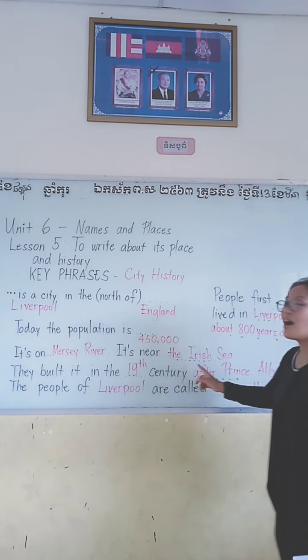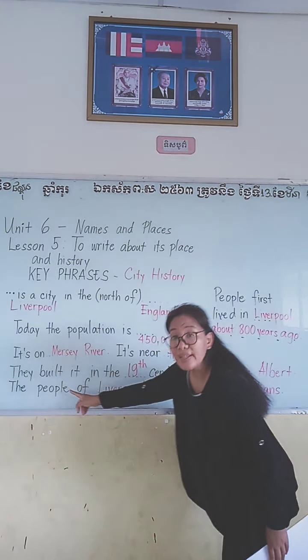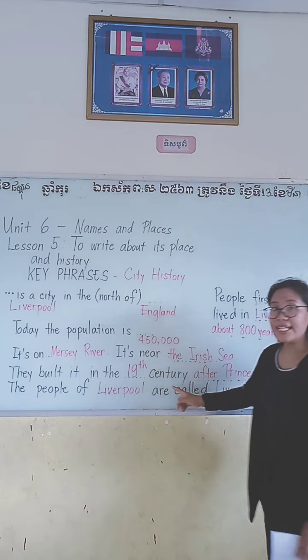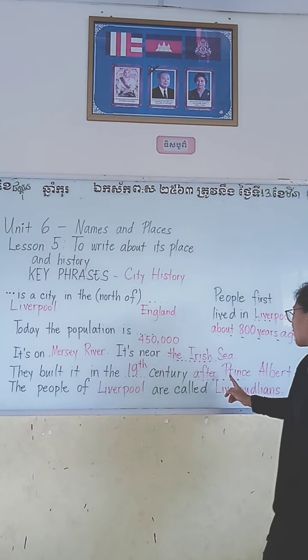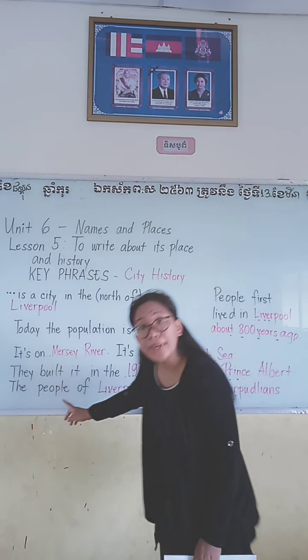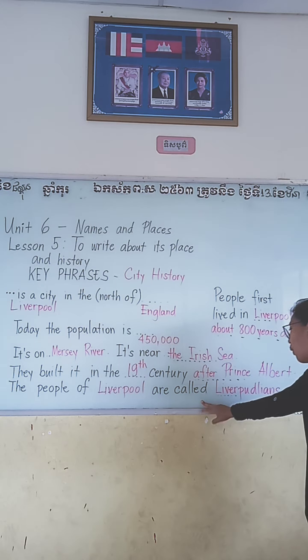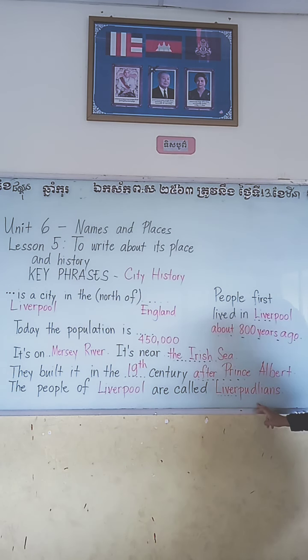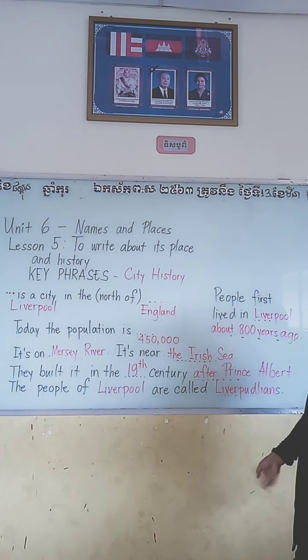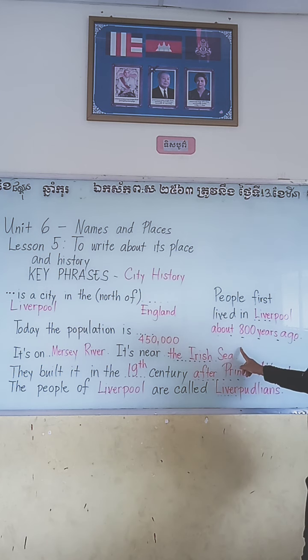It's near the Irish Sea. They built it in the 19th century after Prince Albert. The people of Liverpool are called Liverpudlians. And lastly, people first lived in Liverpool about 800 years ago.